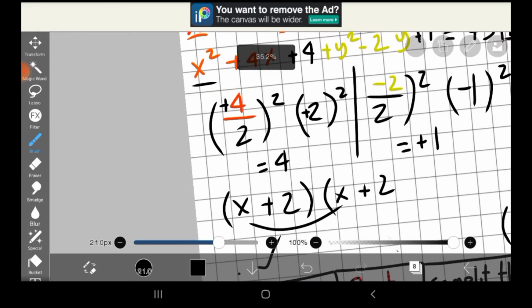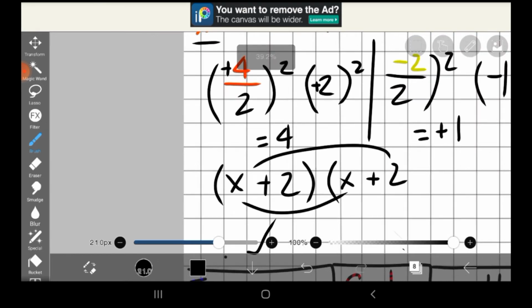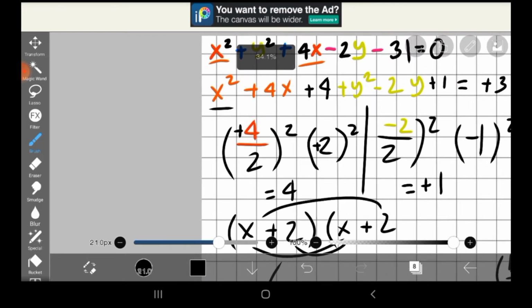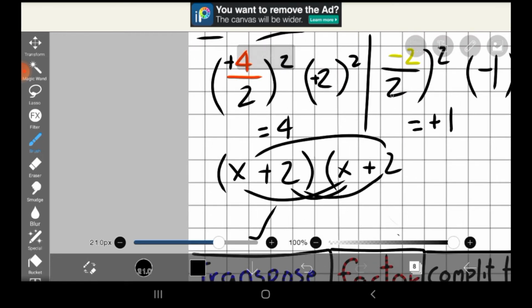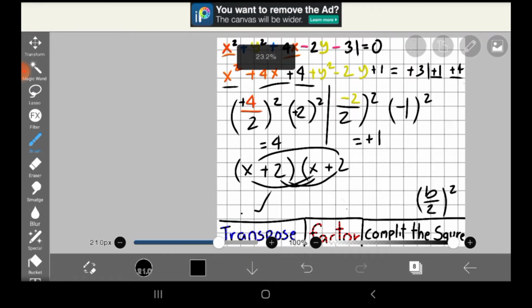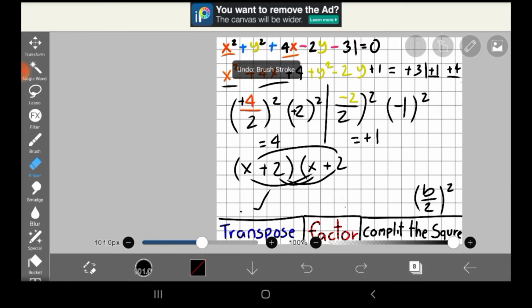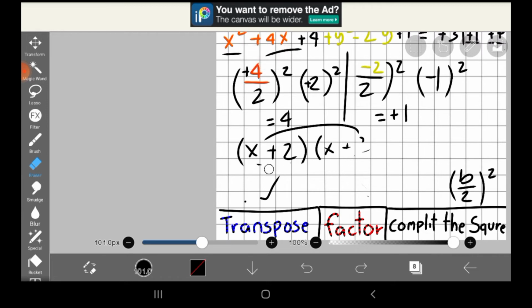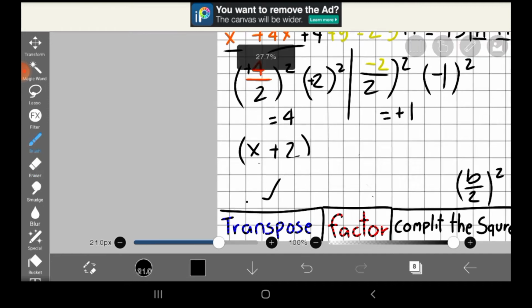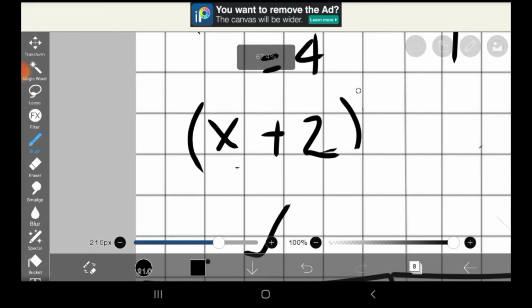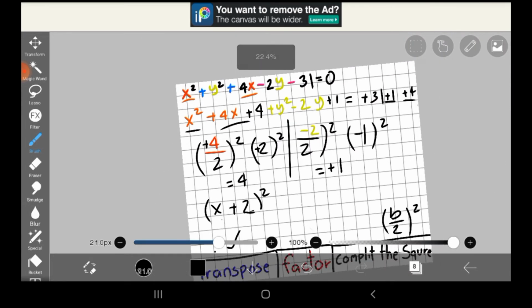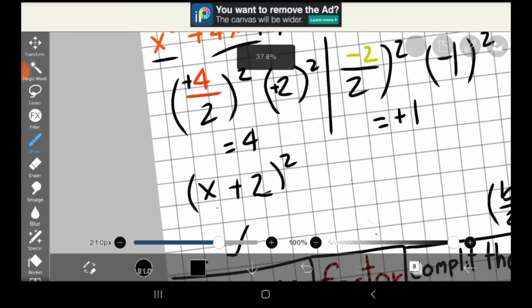So x times 2 is 2x. So 2 times x is 2x. 2x plus 2x is 4x. And then 2 times 2 is 4. See, it worked. It means that this standard form is similar to the general form. We just made it smaller, but it's the same value. It actually didn't change anything. So x plus 2 squared.